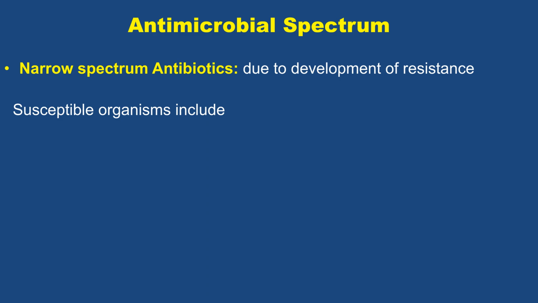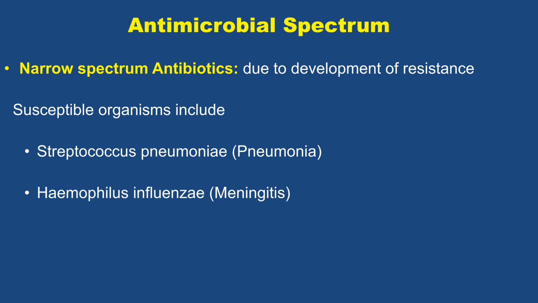The organisms against which sulfonamides are still active are Streptococcus pneumoniae, which is mainly responsible for pneumonia, which are gram-positive anaerobic bacteria; Haemophilus influenzae, which mainly causes meningitis; Haemophilus ducreyi, which is a gram-negative coccobacillary bacteria, mainly responsible for chancroid, which is a sexually transmitted disease.